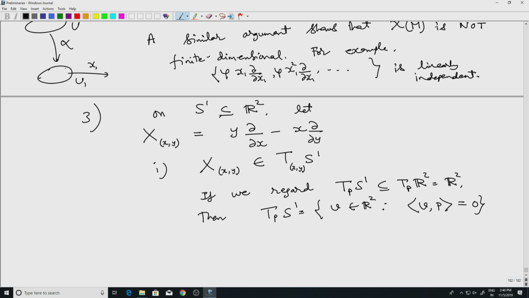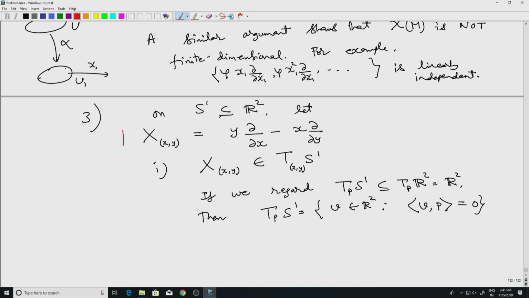So in this case, coming back to this, here I have written this X at (x, y) as a derivation in terms of the partial derivative operators.